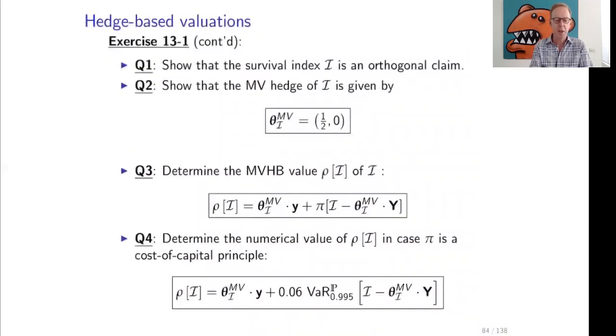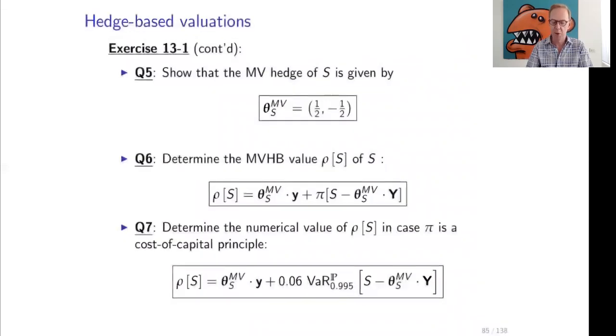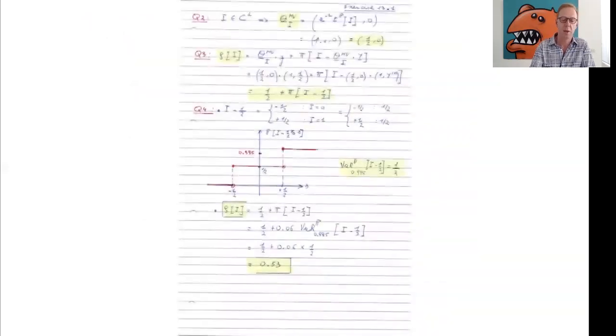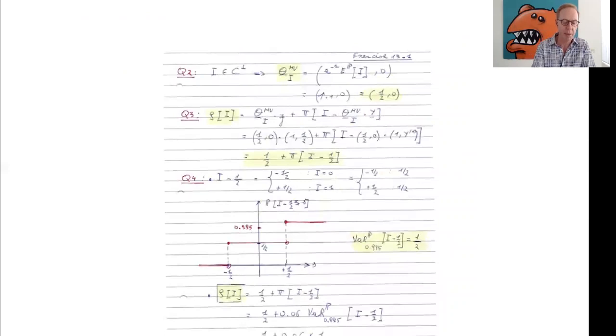Second question, we have to prove that the mean variance hedge of I, the orthogonal claim, is (1/2, 0). So that means we buy 1/2 zero coupon bonds and 0 units of the stock. This proof is also easy to make, namely, I is an orthogonal claim.